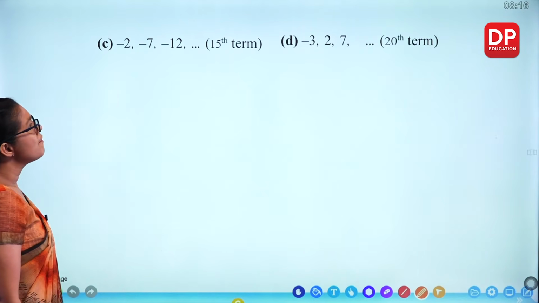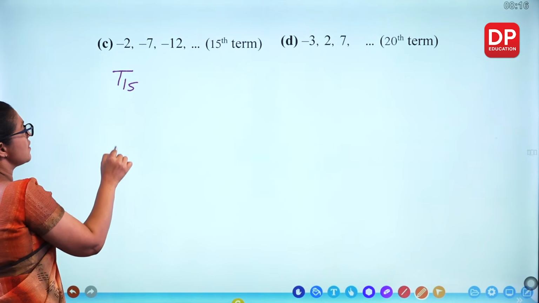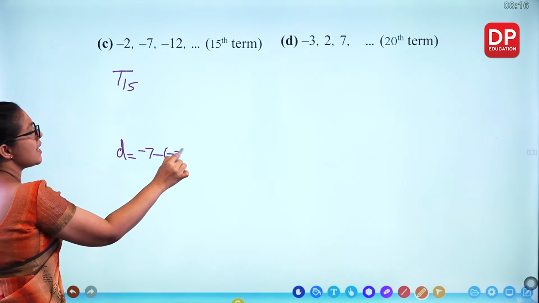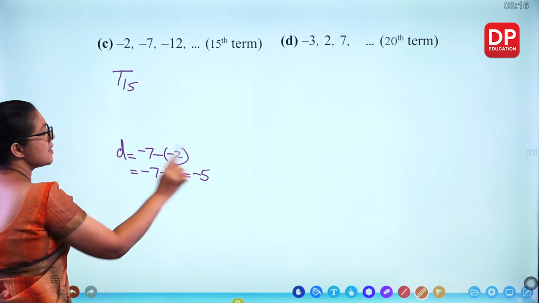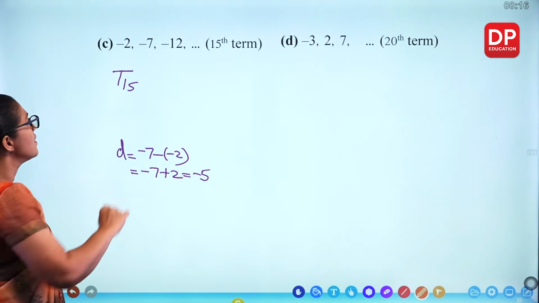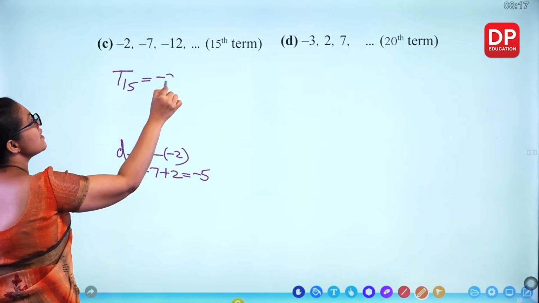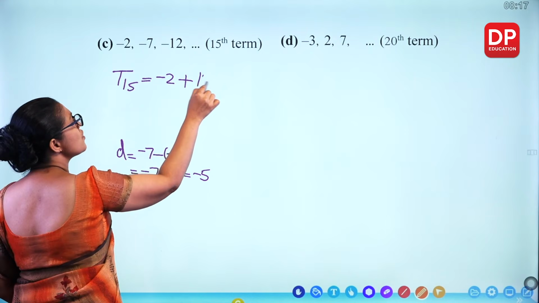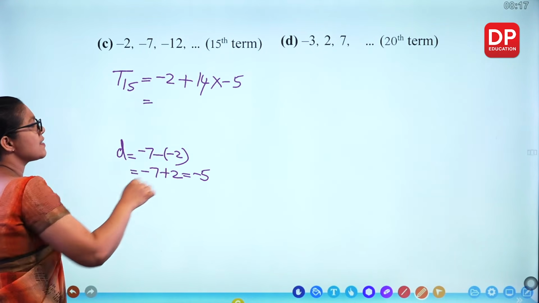Part C, the 15th term. T15. What's D? Minus 7 minus minus 2. Minus 7 plus 2 becomes minus 5. Now plug it into the formula. The first term is minus 2 plus 15 minus 1 is 14 times D. D is minus 5.